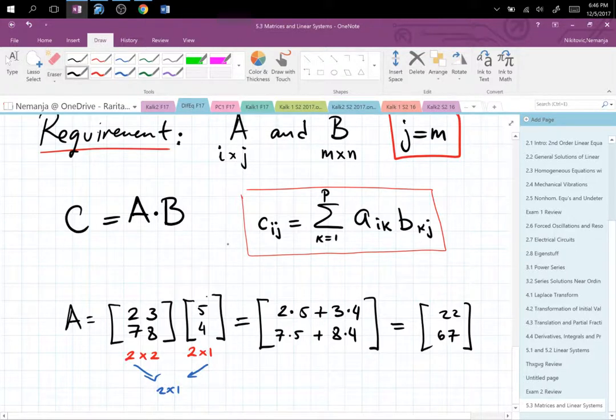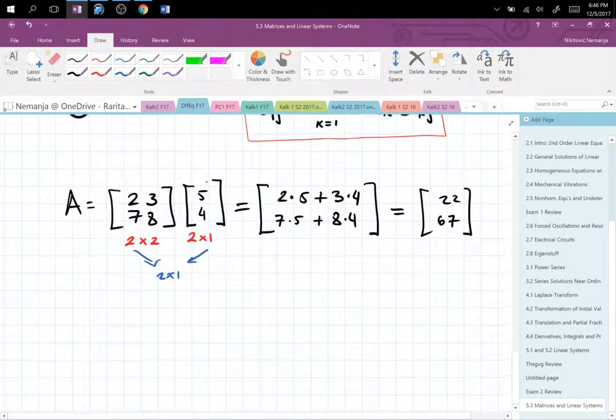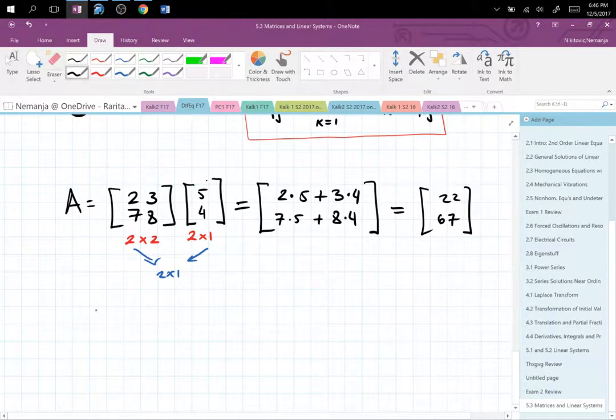And you just place them. All right, so let's do a different example.